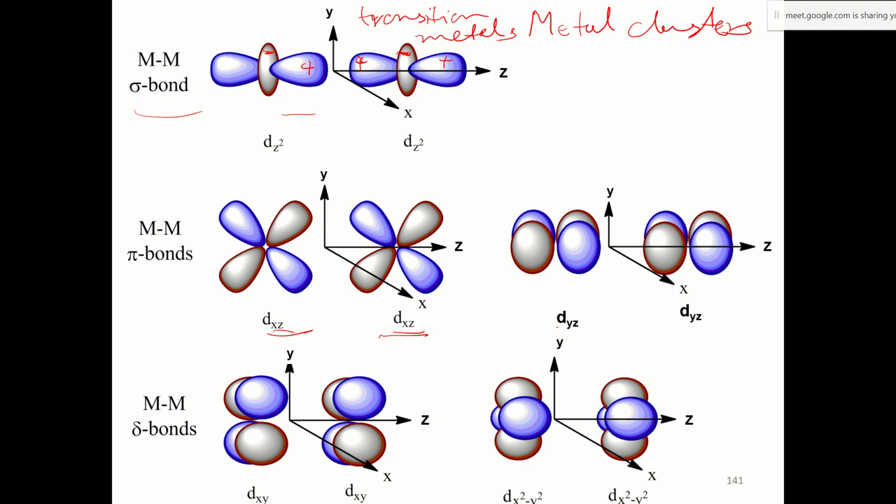And then, having that z component along them, the two orbitals xz and yz have a sideways overlap that can happen between these two orbitals, dxz and dyz.